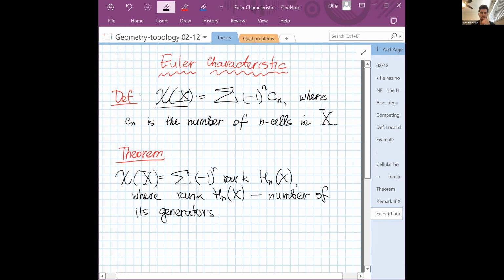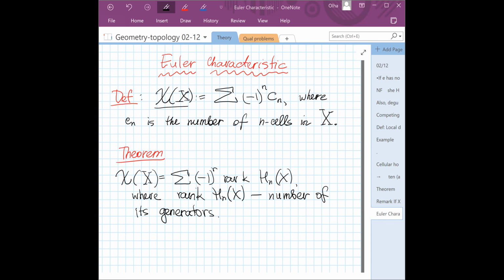In the torsion free part or just in general? I think it's just in general. Let me check it out.